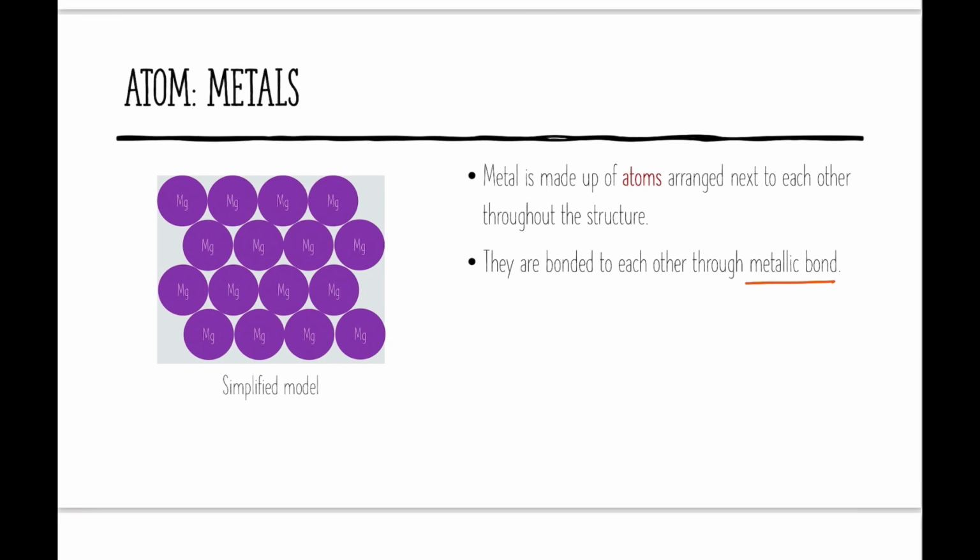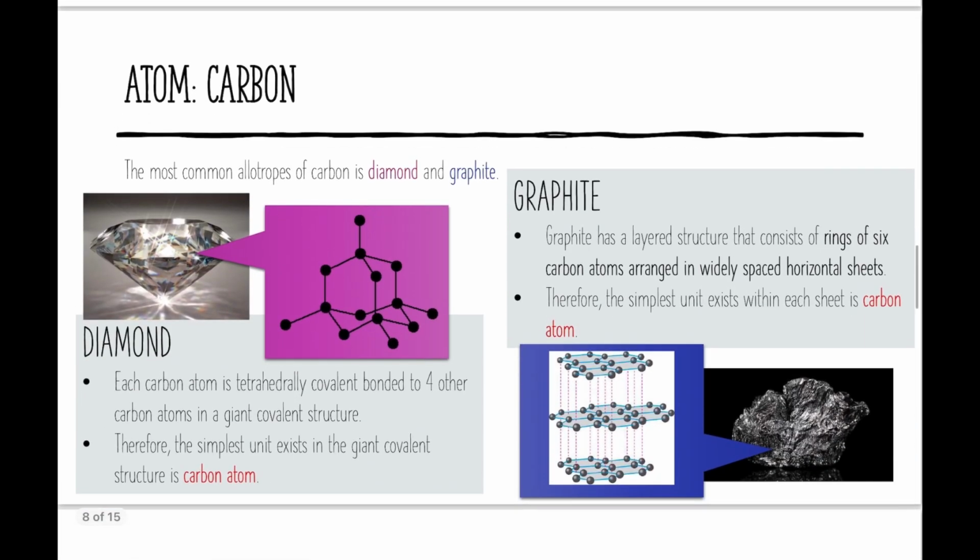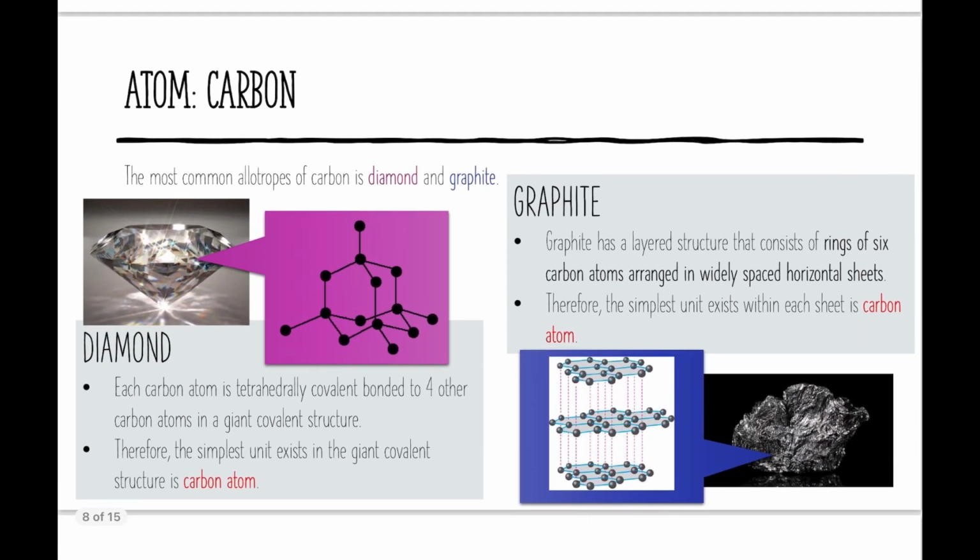Since they are arranged in a lattice, the simplest unit here is the atom. As for carbon, the atoms are arranged in a giant covalent structure. For diamond, the case is also similar to silicon.